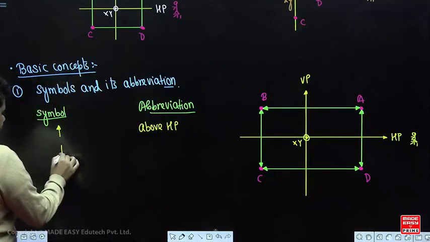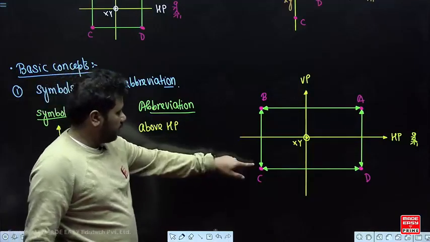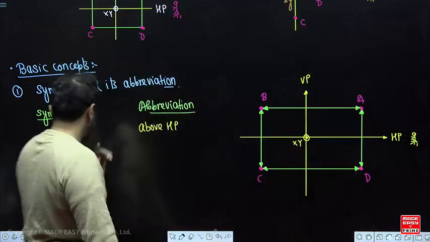Similarly, down arrow means below HP, below HP.